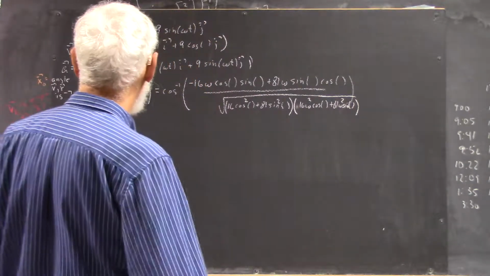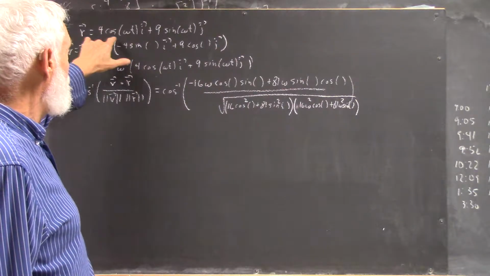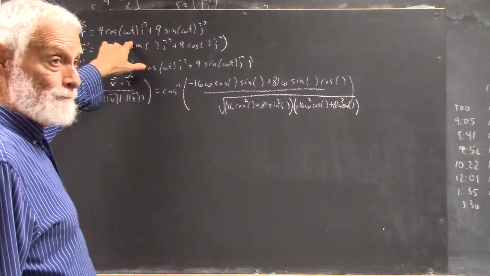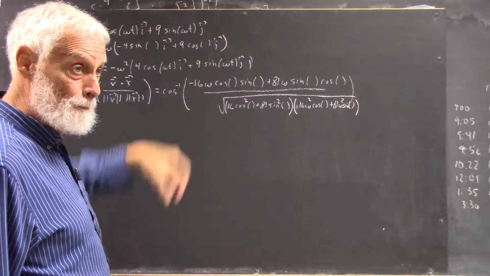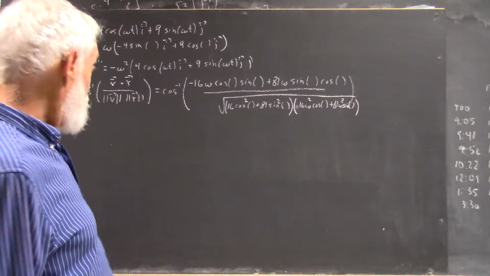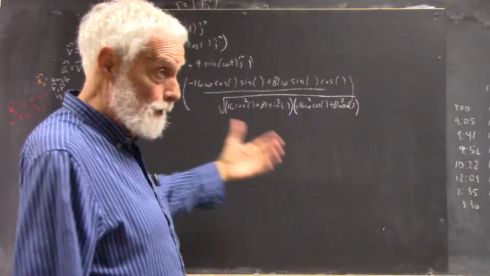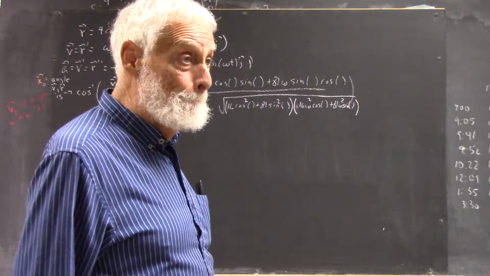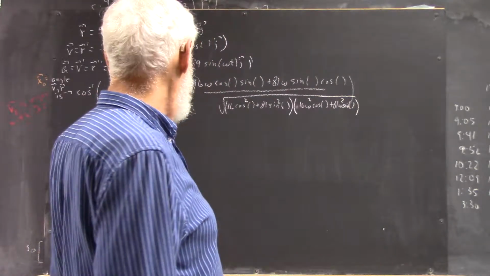Okay, well, the magnitude of R is the square root of 4 times the cosine of omega t squared plus 9 times the sine of omega t squared, right? So that's just the square root of 16 cosine squared of omega t plus 81 sine squared of omega t. Very straightforward, right? Where do you get that denominator from?